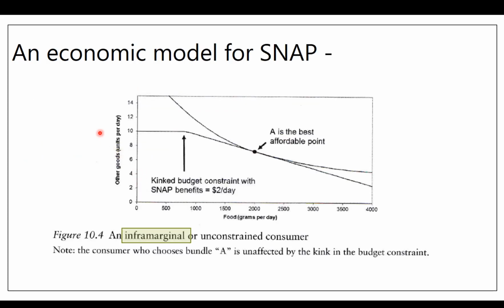So the first part, though, let's look at this economic model for SNAP, and I just want to highlight it if you had trouble reading it in the chapter, because earlier chapters in that book may have been required to help you fully understand this. This is a two-good consumption model, so this is goods that aren't food, and down here is consumption of food.